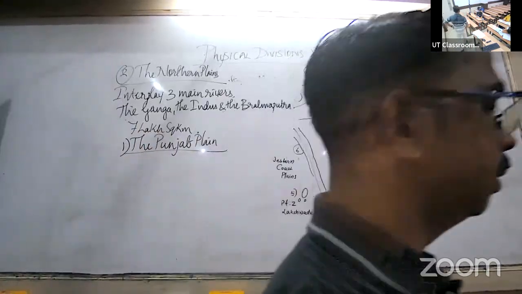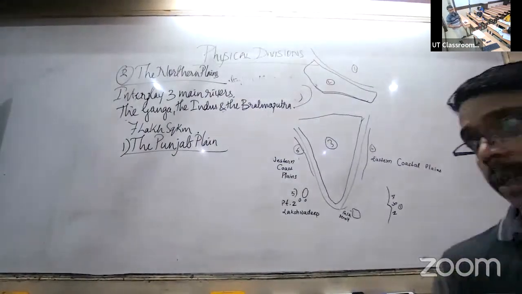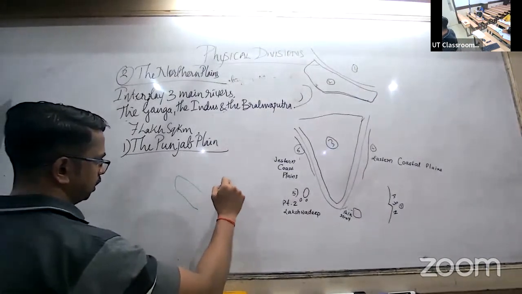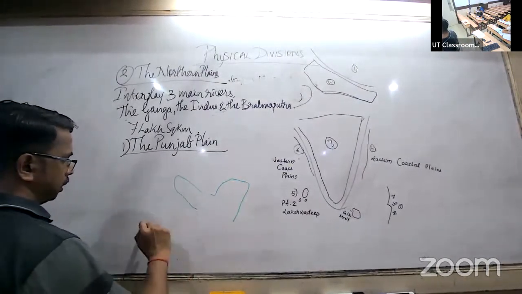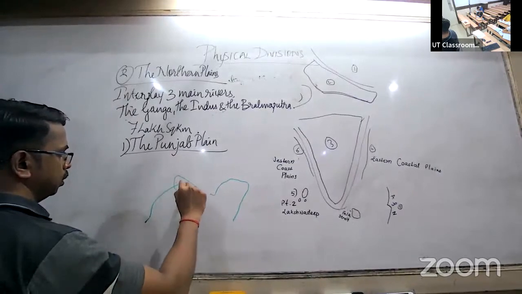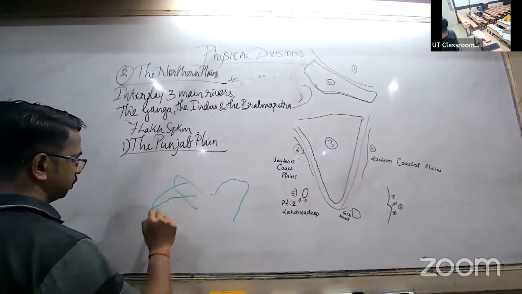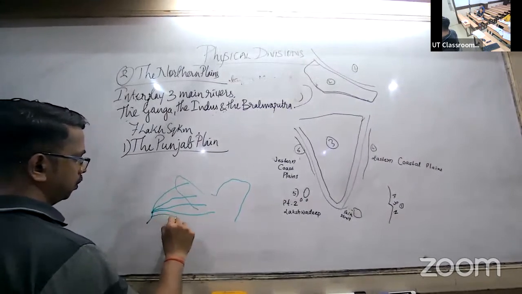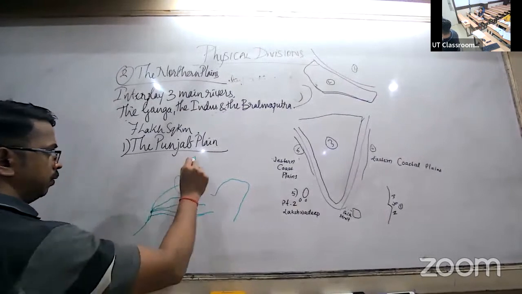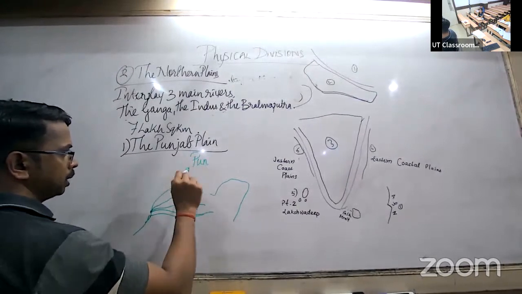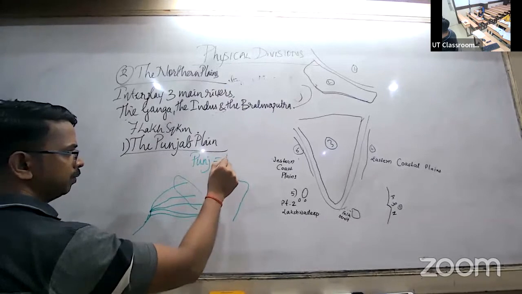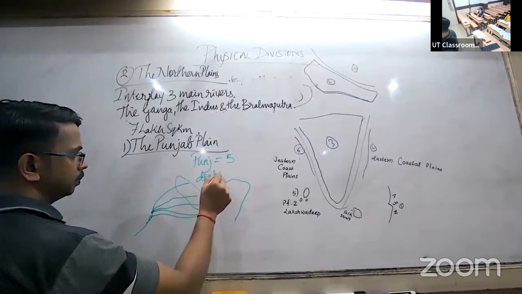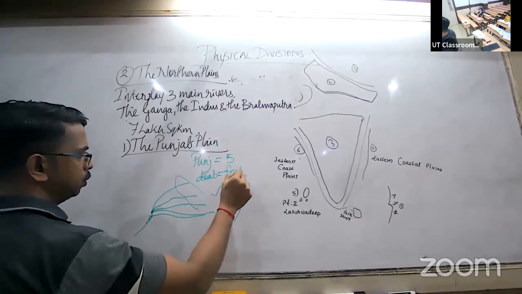Now just listen for a while. River Indus and its tributaries. Now if you see the map of India like this, there will be river Indus flowing into India like this. If anybody asks you why Punjab got its name Punjab: Panch means five, Ab means water.